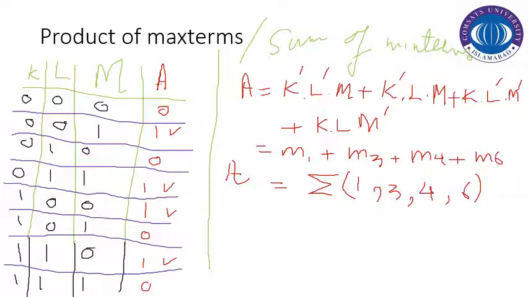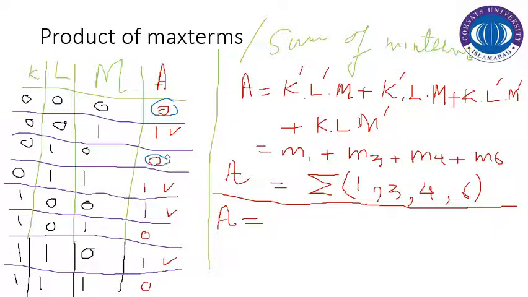Now coming to the other representation. For the product of max terms, this A would be represented as follows. In this scenario, the terms that are important to us are the terms that are contributing 0 to the output: this one, this one, this one, and this one.